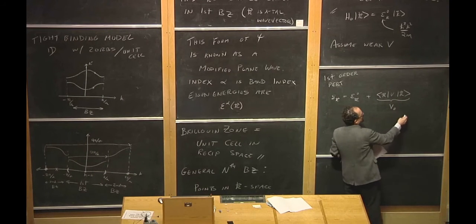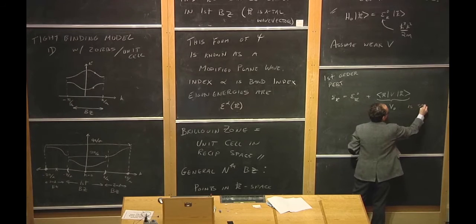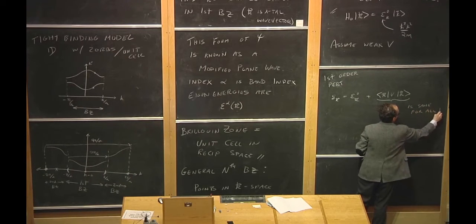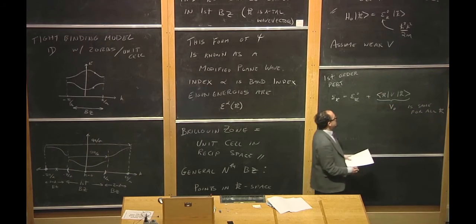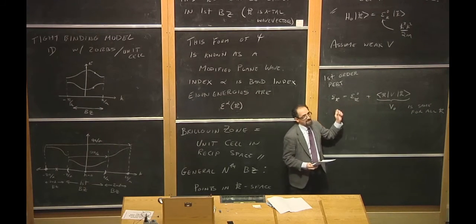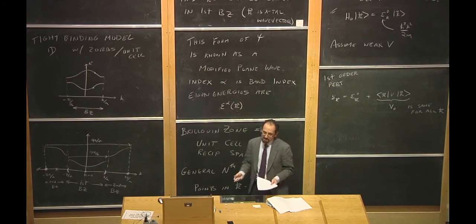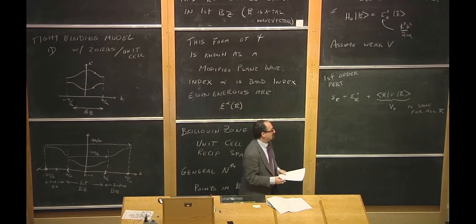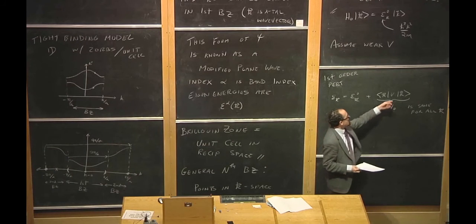And this V sub 0 is the same for all k. So this just gives an overall constant energy shift of the eigenstates. So the eigenstates either get shifted up in energy or shifted down in energy. This is the zeroth Fourier mode of this potential.